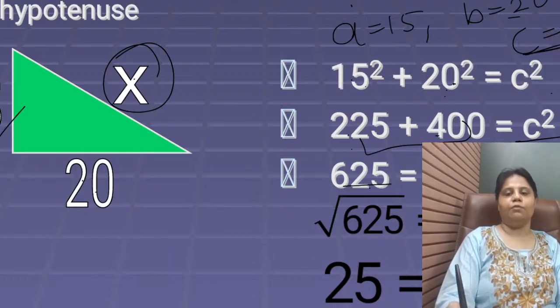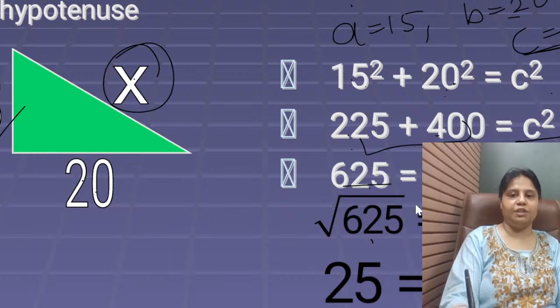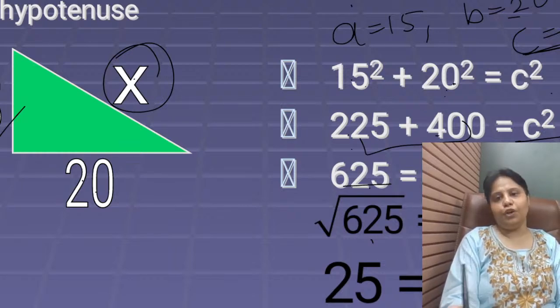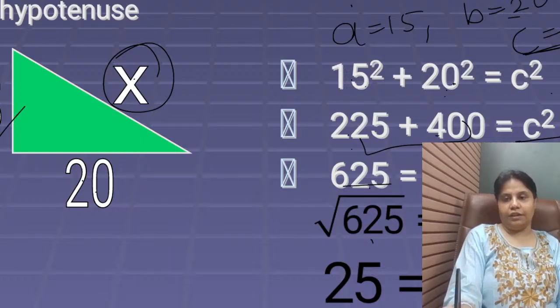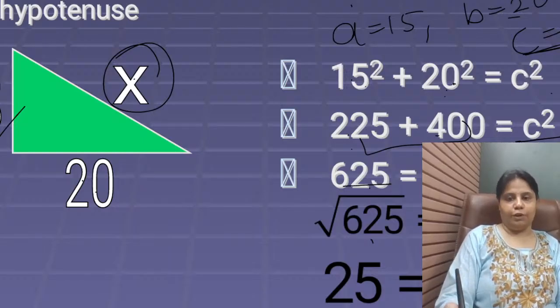Whenever we remove the square of one side, there will be the square root of the other side. So you can take the square root of both sides, or just remove this and take the square root of 625.